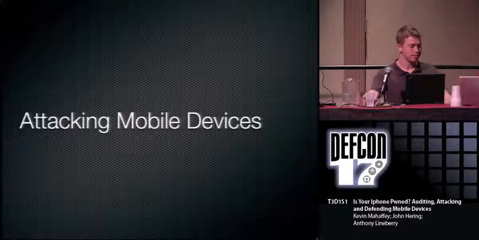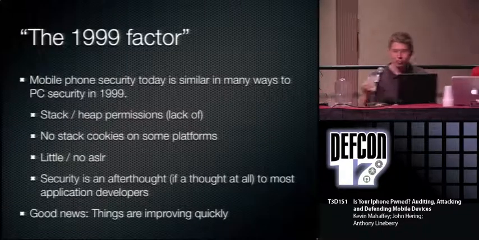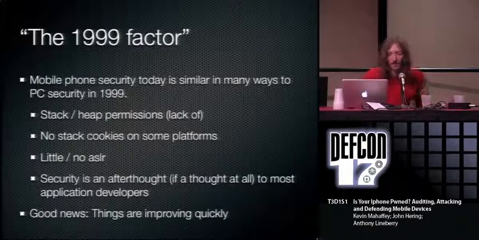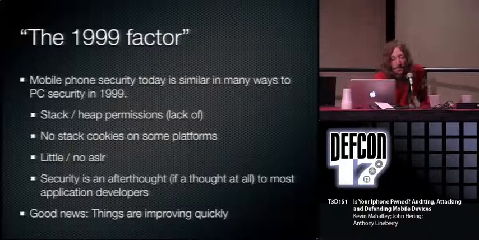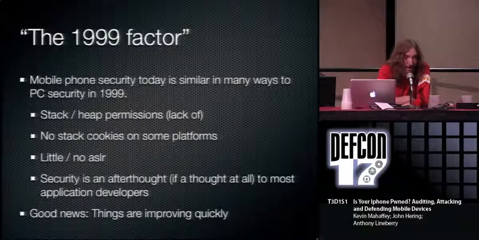So let's talk a little bit more about attacking mobile devices now. We're going to paint a picture of the mobile landscape as far as attacking goes. It's what we like to call the 1999 factor, because the state of mobile security right now, as far as the code goes, is very similar to how code was back in the late 90s, if any of you did any hacking back then.